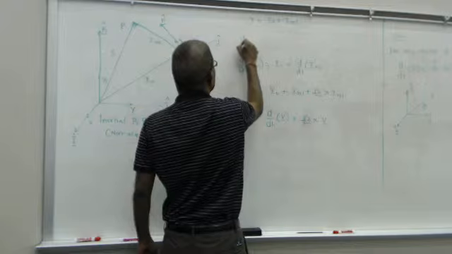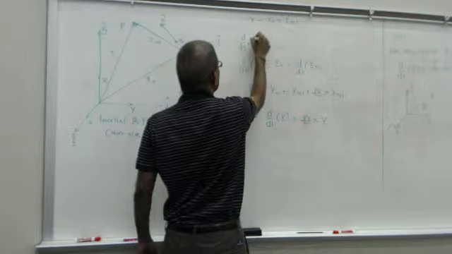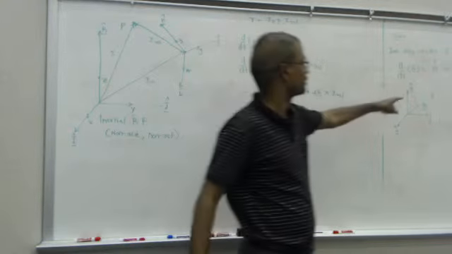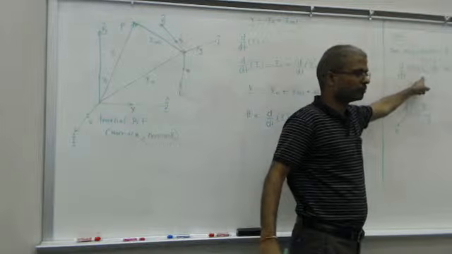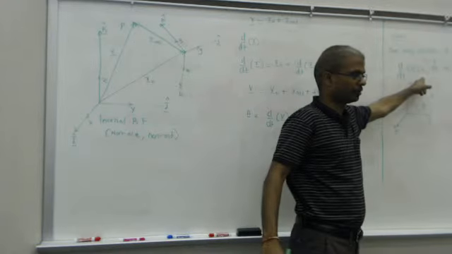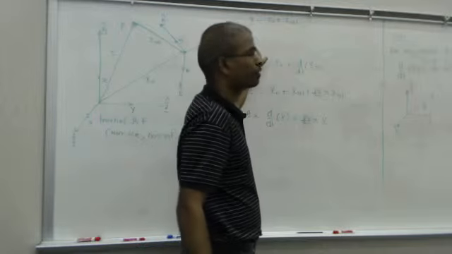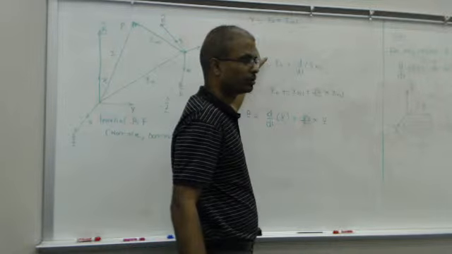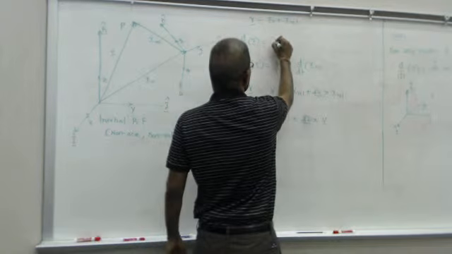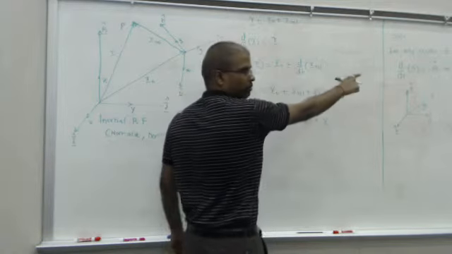See, just apply this. What is d over dt of R? It is R circle dot, right?